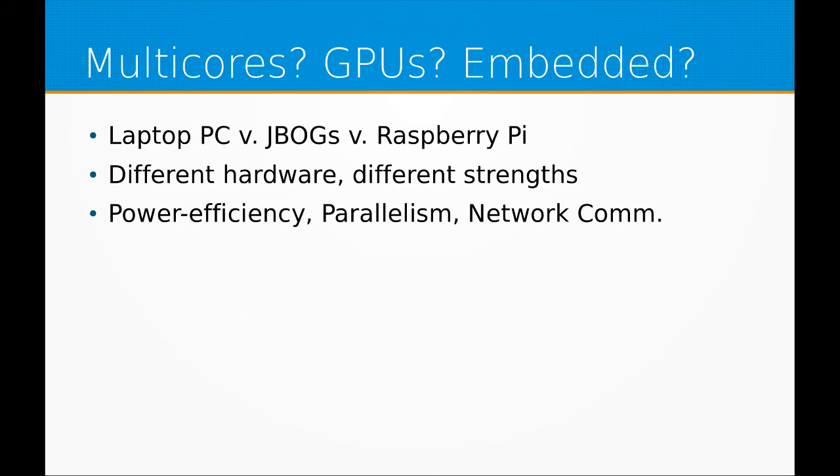For example, you cannot get more than so many watts on a Raspberry Pi, and you cannot make it overheat. So there are constraints that you need to take care of, things like power efficiency, parallelism in terms of how do you use multiple GPUs or multiple cores of your PC. For example, almost everyone today uses a multi-core processor in their laptop. So how do you make use of all the cores available instead of just one?